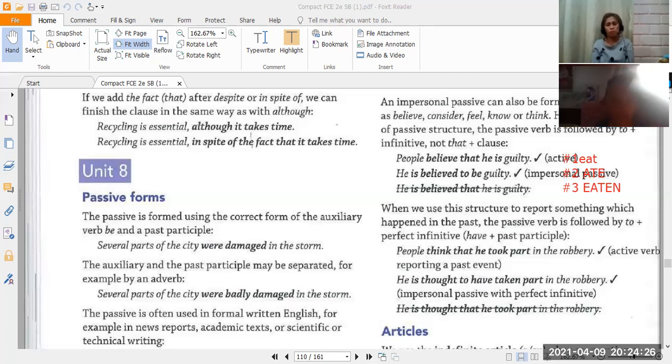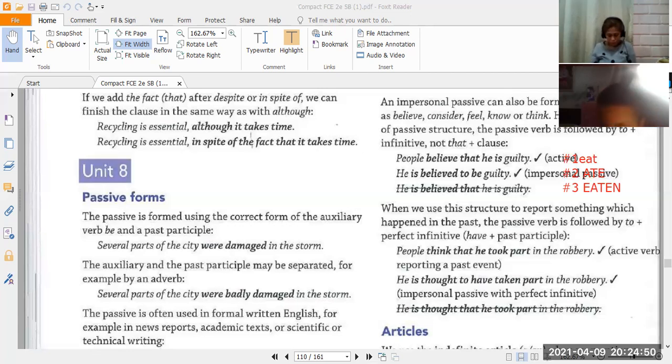Active: John Taylor Thomas built this bridge in 1732. Okay, that's active. Imagine John Taylor Thomas is a famous architect. Then that information's important. Yes, that's passive, not important. And the active, important.